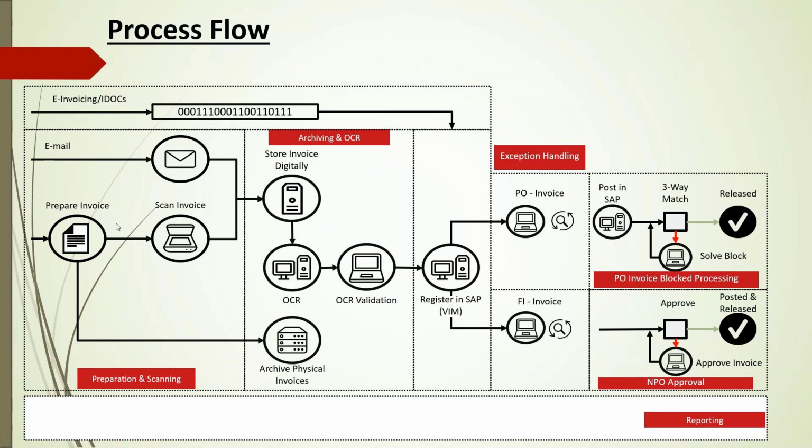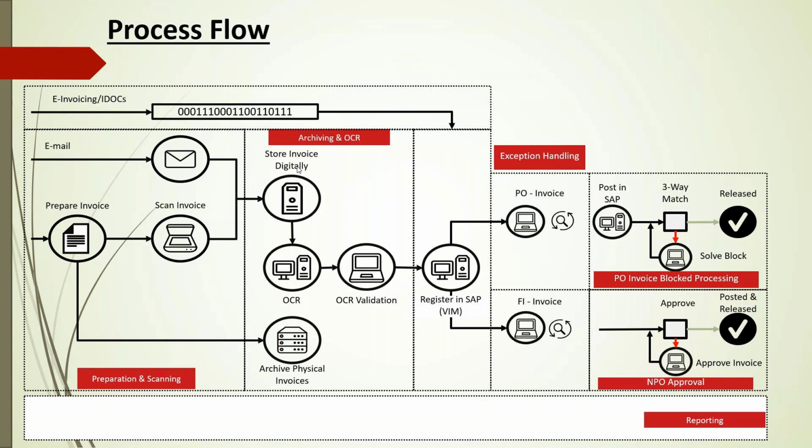The second source of receiving could be email. When you receive an email, there is an invoice copy attached, which will go into the archival, and then the invoice processing will happen further. In both cases you have received the invoice in a non-structured format.